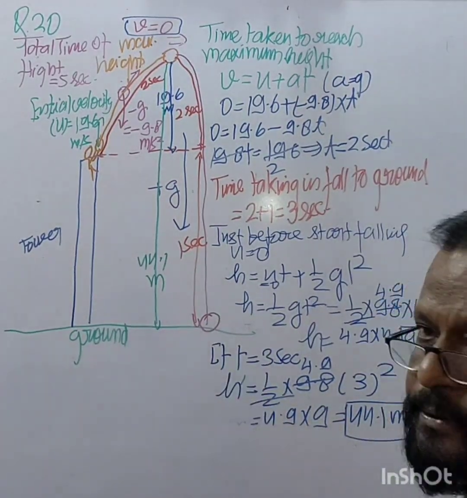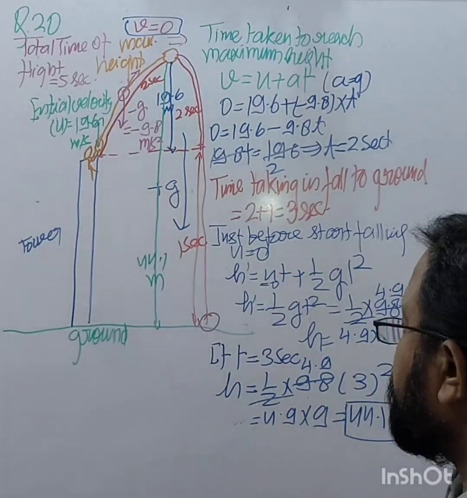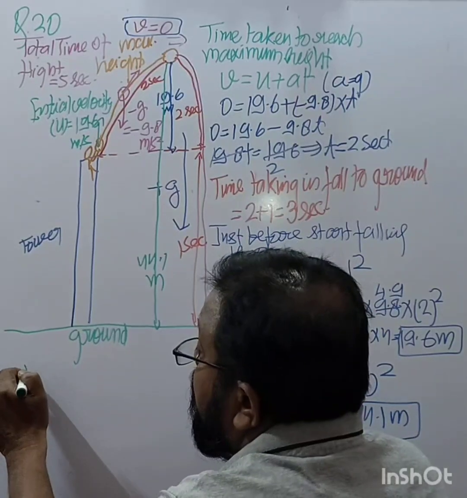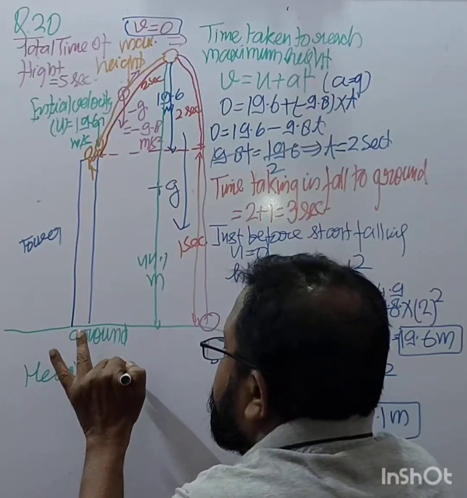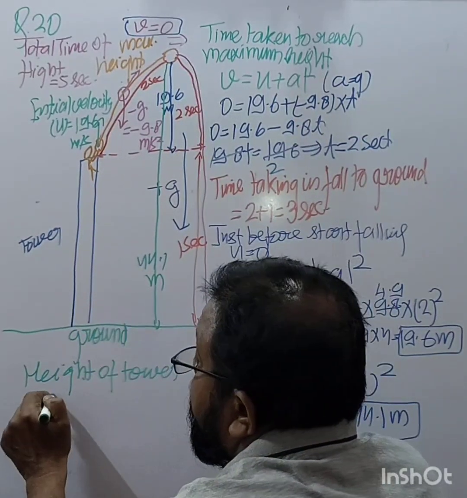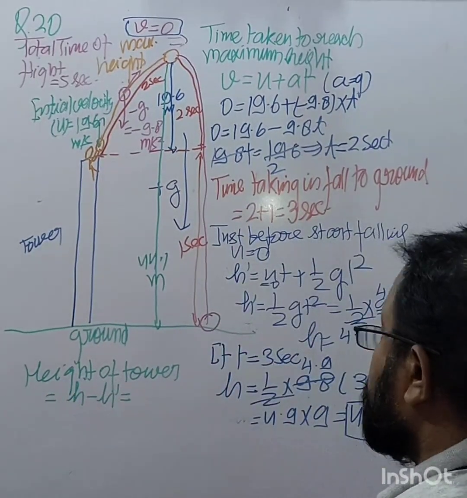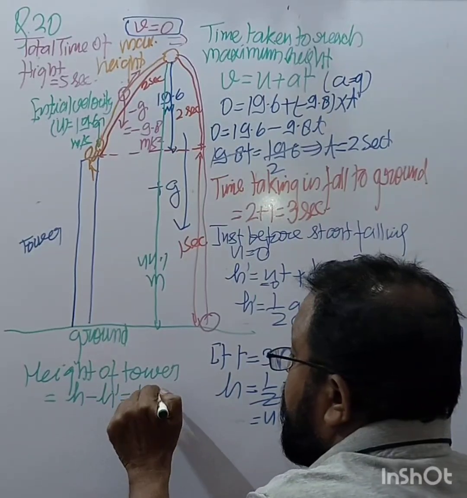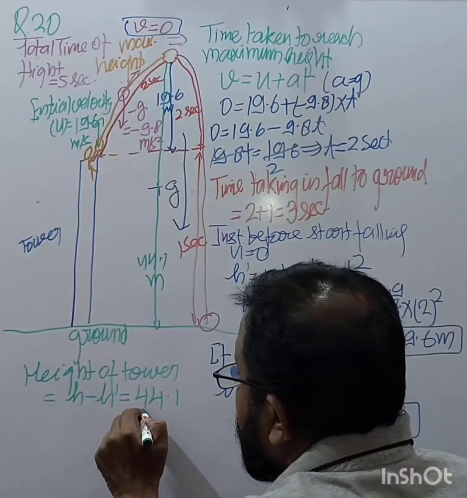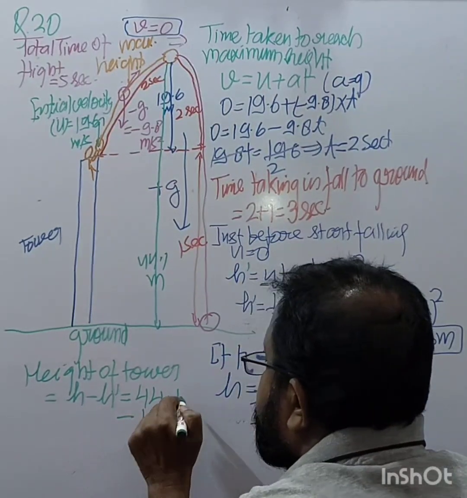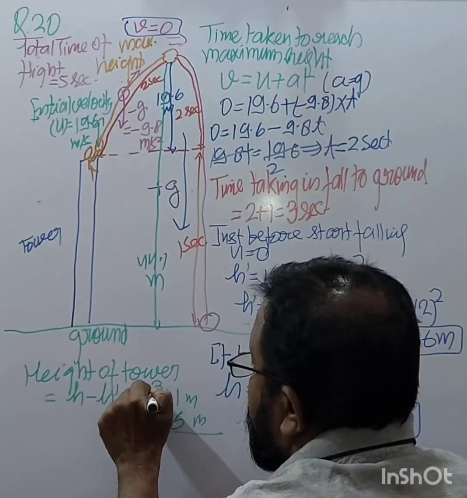Say this is h dash. So the height of tower is equal to h minus h dash. So 44.1 minus 19.6. This is also in meters. We carry 1.